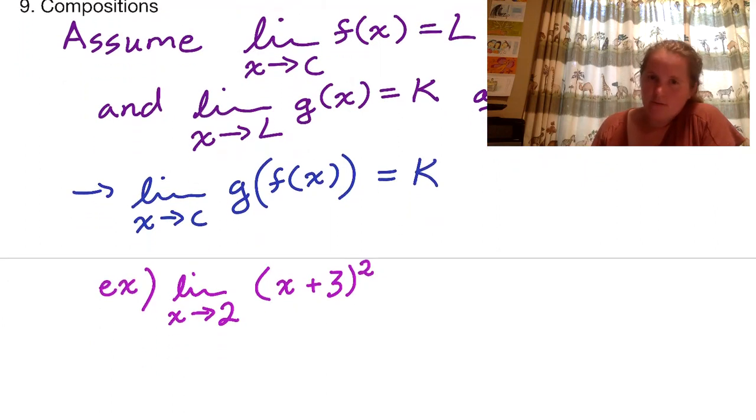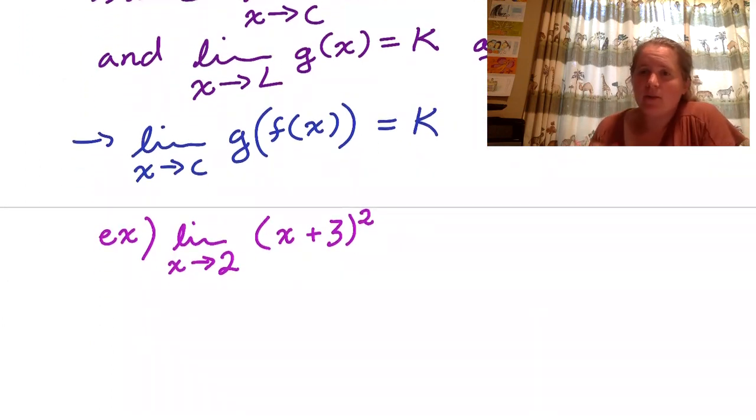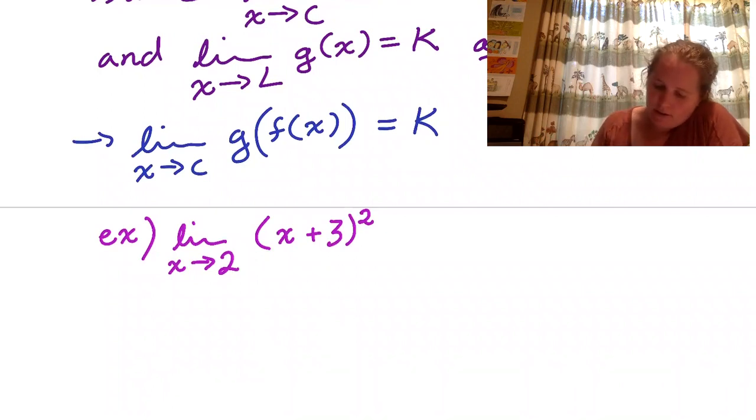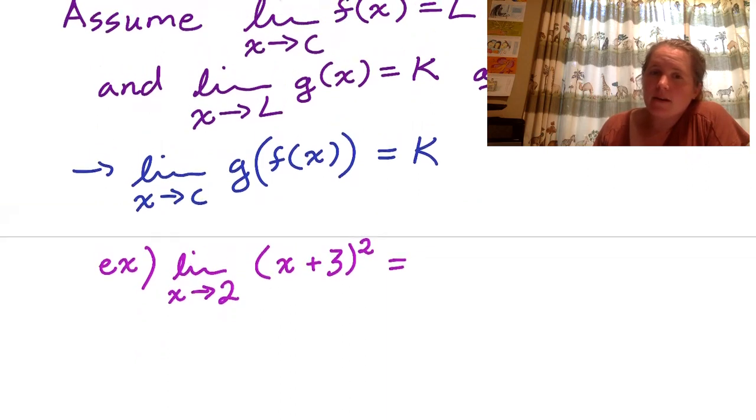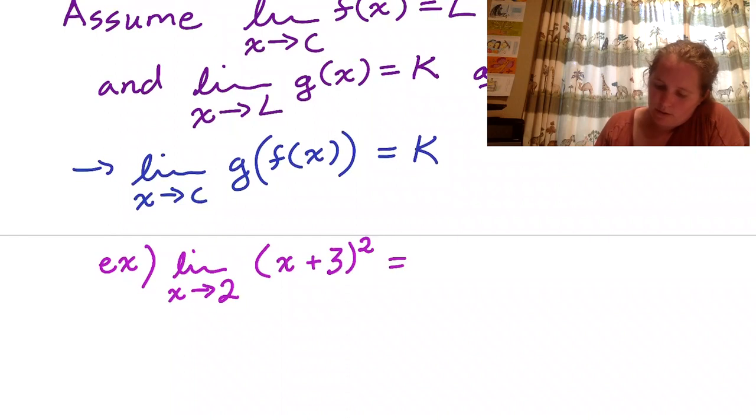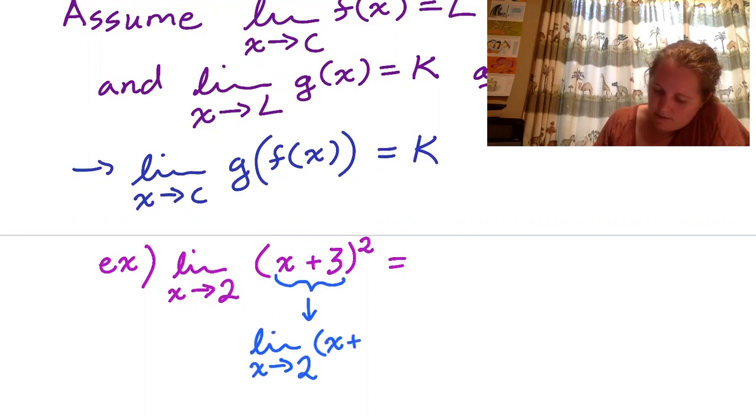Then we can sort of split this up. This is a composition. We have a series of functions going on. We can take the limit of the inside first, and then take the limit of the outside. So let's first do the limit of the inside first, and then go from there. So if we focus on x plus 3, and just look at the limit as x goes to 2 of x plus 3.